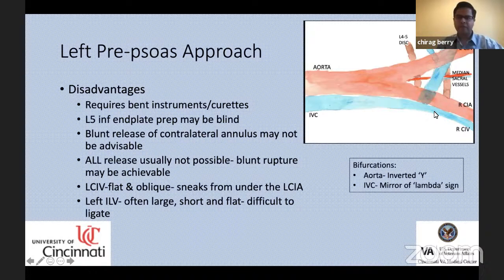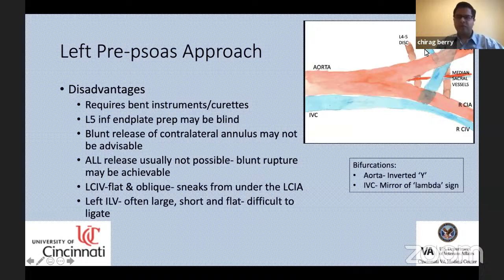So you avoid going that deep in as well. So that's a disadvantage. You cannot do an ALL release with a lateral annulotomy. It's going to be difficult just because you cannot see it well. You can do a blunt rupture, but you cannot really do a sharp release of an ALL with this approach.